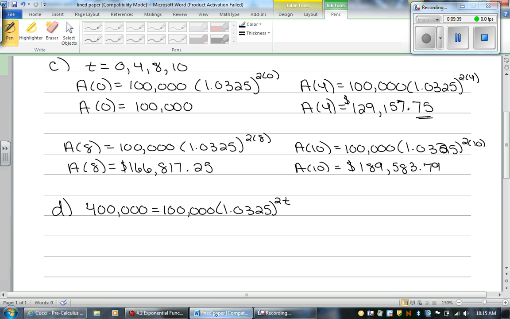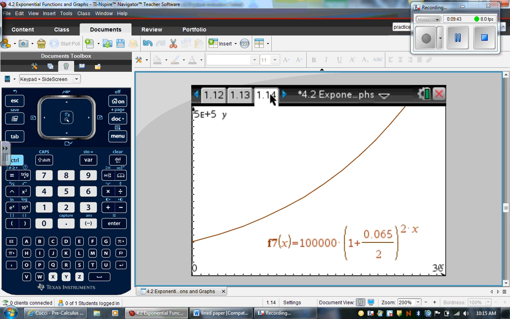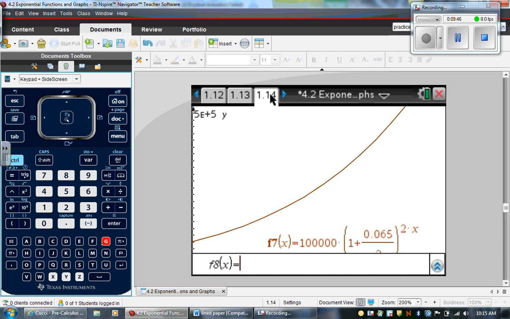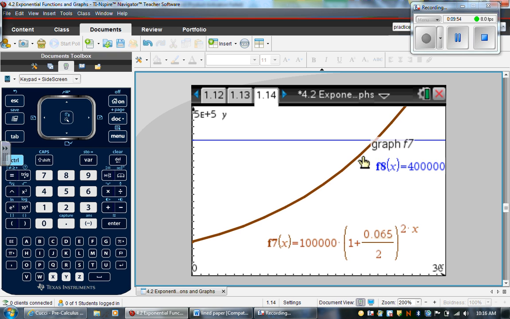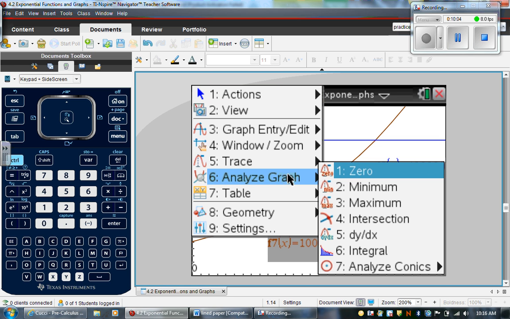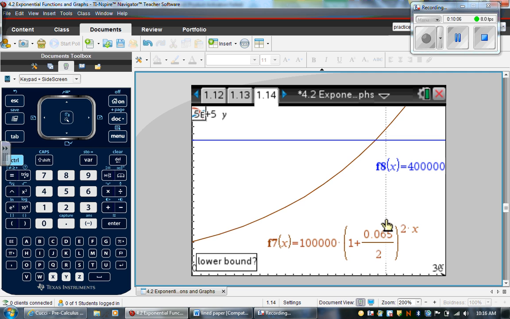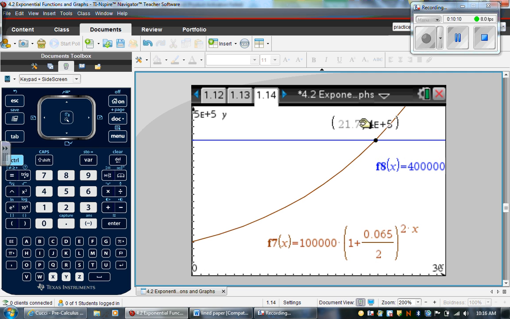So I already have my graph in here. So all I need to do is now pull up my function bar and put in 400,000. What I'm looking for is when these two lines intersect. That's when I know my function in brown is equal to 400,000. So a nice way to do this is menu, analyze, intersection, lower bound, upper bound, and here we have our value.